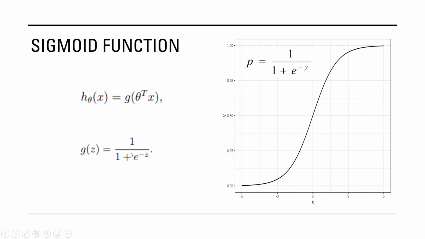No, this will be negative of minus infinity, so it's e power infinity. So this will become 1 by infinity, which is 0. That's basically given by the curve here. At positive infinity, the exponential term will become 0 and this will become 1. So it approaches 1 at positive infinity and 0 at negative infinity. And at 0, it's going to be half, 0.5. That's given by this curve over here.